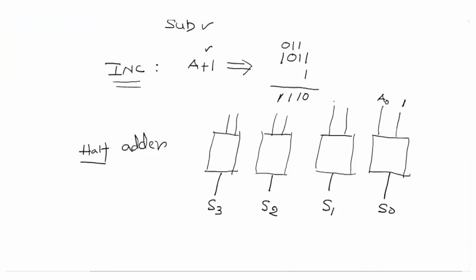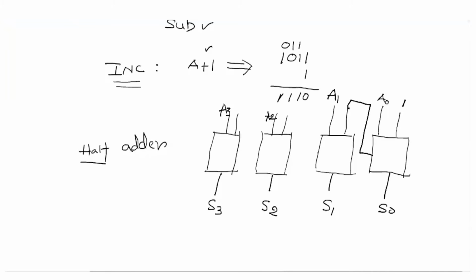So for every half adder, 1 digit will be A1, this is A2, and this is A3. Okay, the second digit, for the first half adder, is 1. And from the second half adder onwards, the carry generated from the first half adder will be connected as the second input.